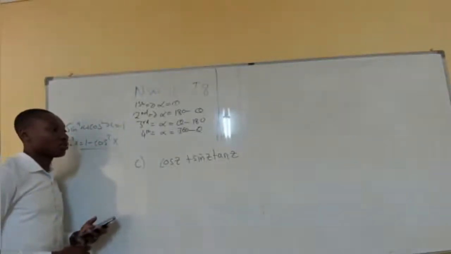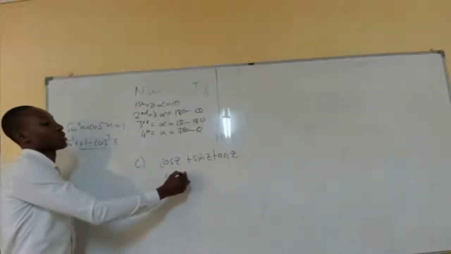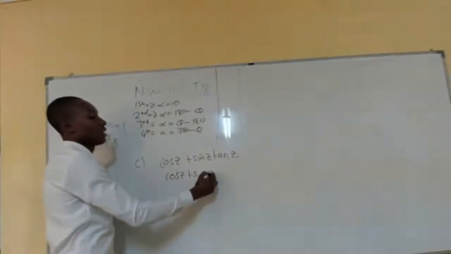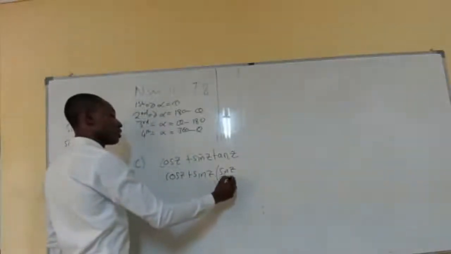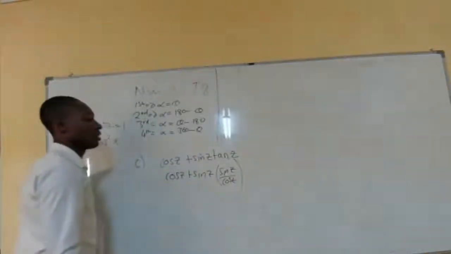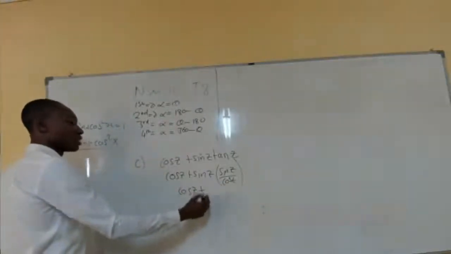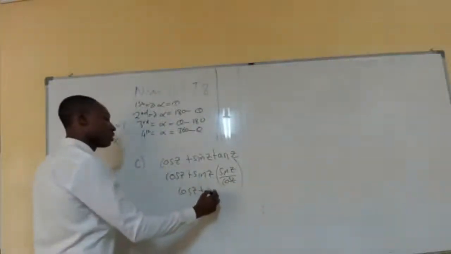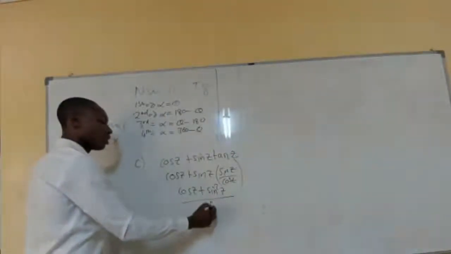In this case, what you first have to note is that tan z is sine over cos, right? Sin z over cos z. If you multiply this times this, you have cos z plus sine squared z over cos z.